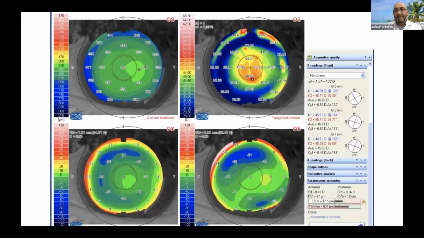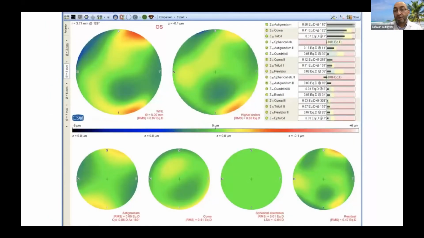And this is the left eye. Topography shows a steepening of 48.09, and the total high order aberration is 0.62.